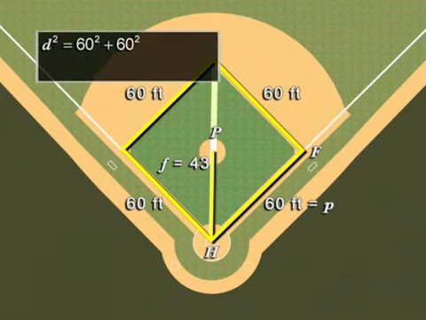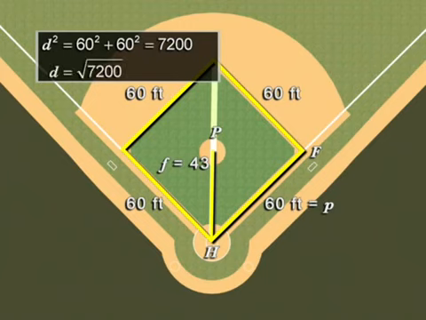So again, using the Pythagorean theorem, we have side squared plus side squared, 60 squared plus 60 squared equals hypotenuse squared. So that's 60 squared plus 60 squared turns out to be 7,200, and that's the square of the distance from home plate to second base.